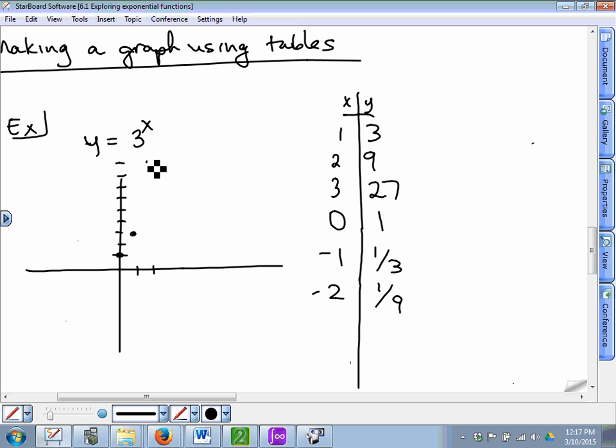You have 2, 9. Negative 1, 1/3. Negative 2, 1/9. If you just connect the points that we have, we have that kind of graph.